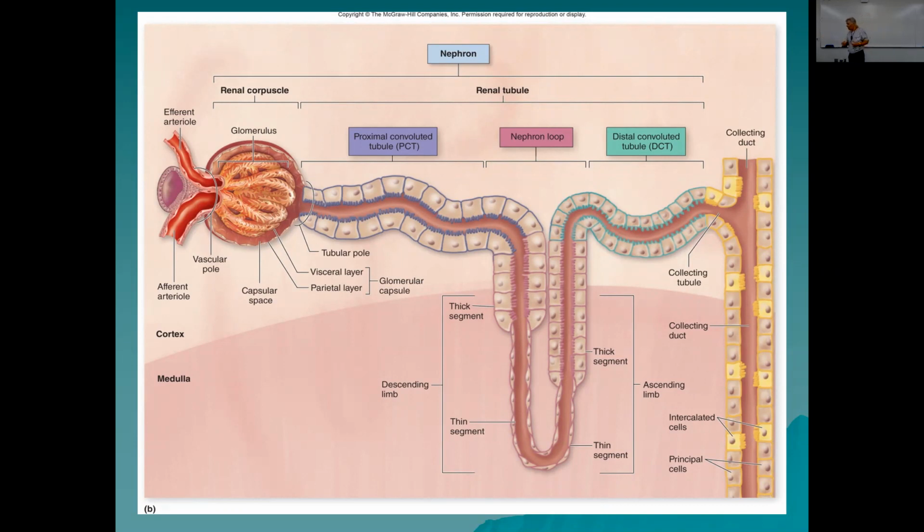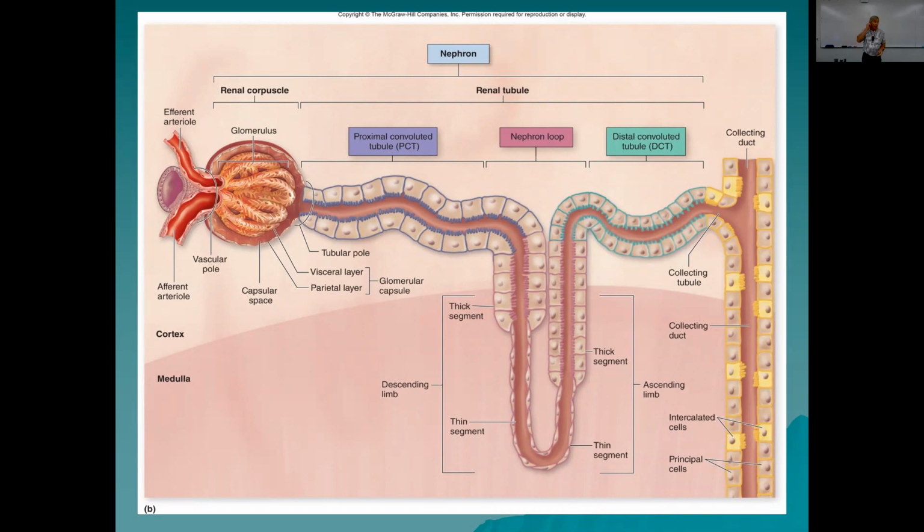And so blood is filtered through the glomerular membrane, the urinary membrane, which consists of endothelial cells of the glomerulus, and these cells that are so-called podocytes.